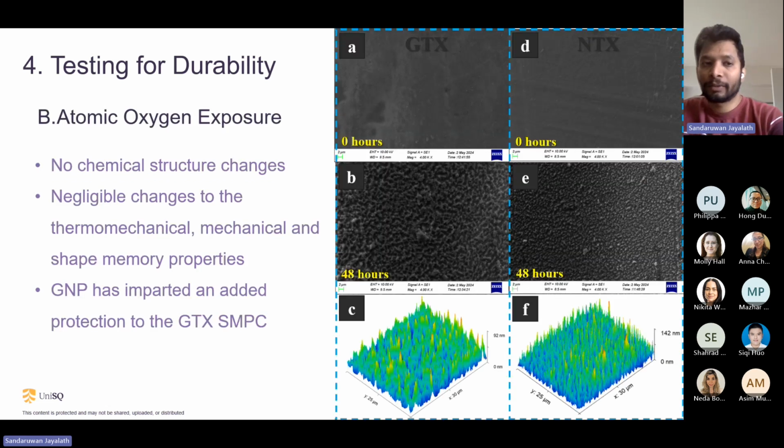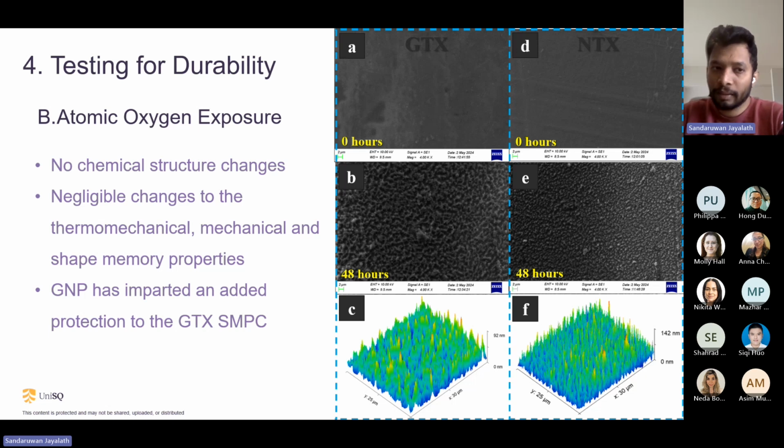And when it comes to the atomic oxygen exposure, as I told you, we did it for two types of shape memory polymer composite, with and without graphene nanoplatelets. On the left side, you can see the graphene included one, and on the right side you can see the neat one, without graphene nanoplatelets. After going through the CT scans and image analysis as well, we found that the shape memory polymer composite which has graphene nanoplatelets inside has less effect from the atomic oxygen erosion.